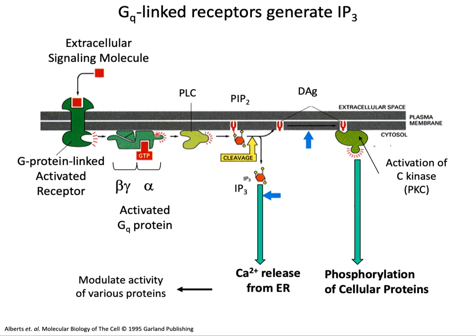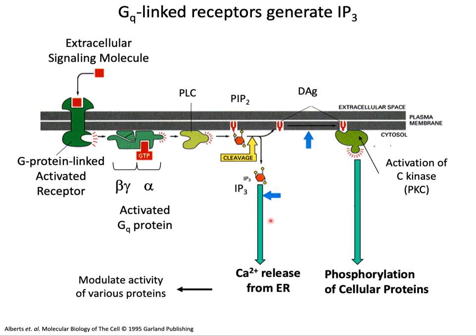In this case, when the alpha subunit exchanges GDP for GTP, it dissociates from the beta-gamma dimer, then it moves in the membrane and interacts with phospholipase C and activates it. The active phospholipase C then cleaves PIP2 into IP3 and diacylglycerol, which is still attached to the membrane.